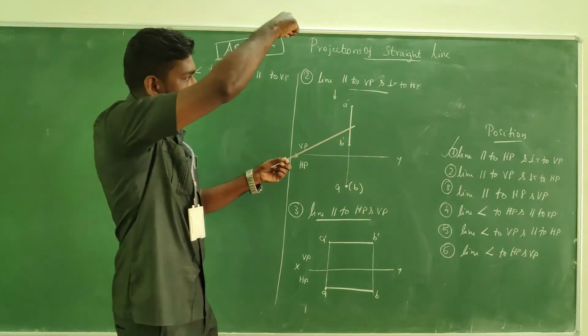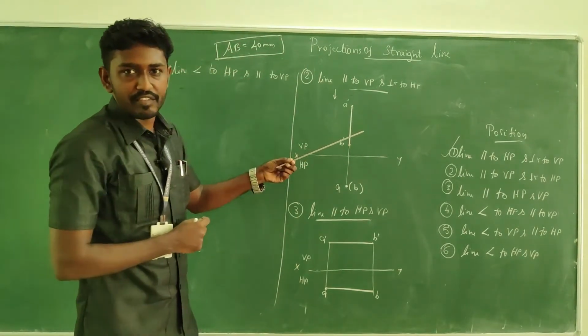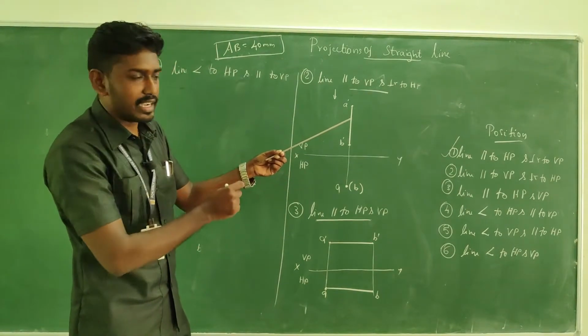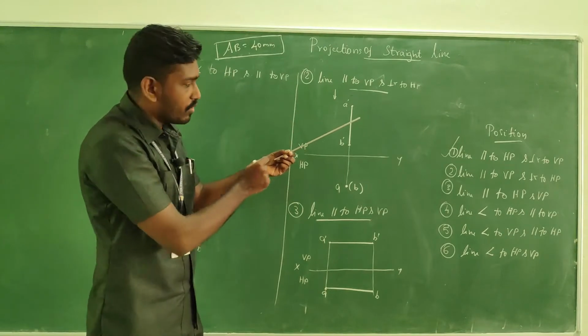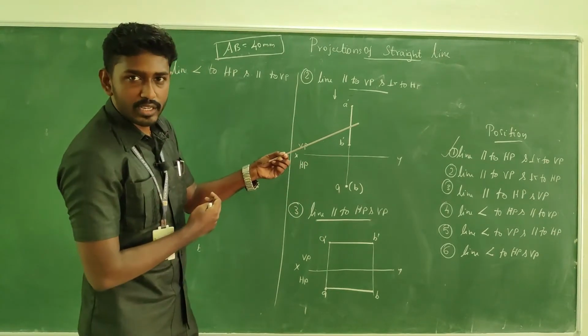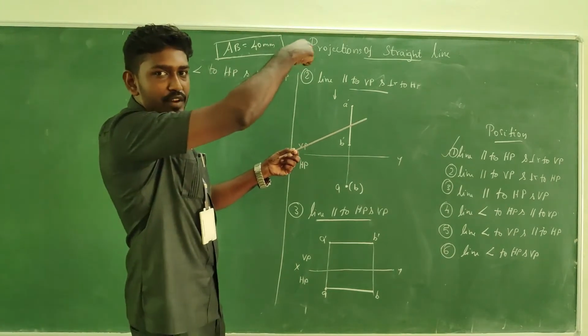When you are looking at the object 90 degrees to it, definitely you can see the straight line from the top, but since it is inclined, definitely the line will be what? Compressed. The line will be shorter than the original. So you cannot get the true length from the top view.